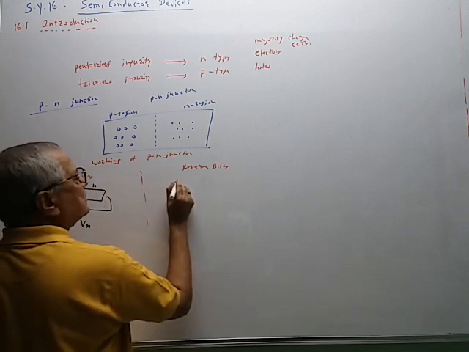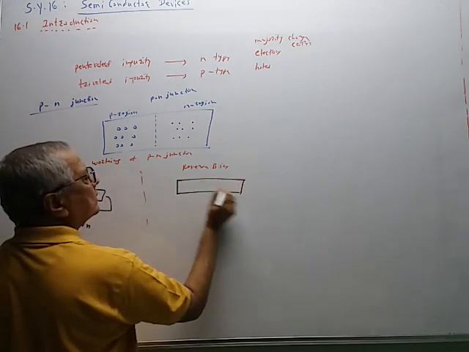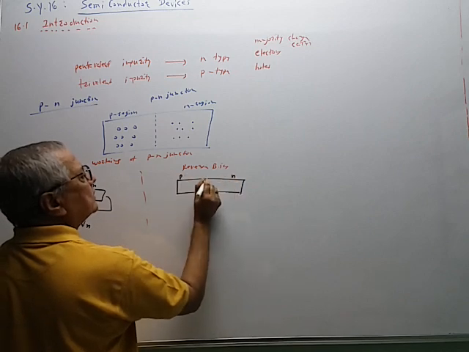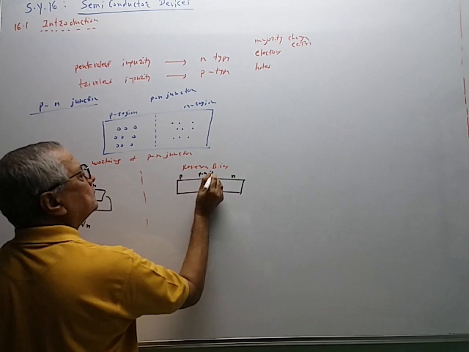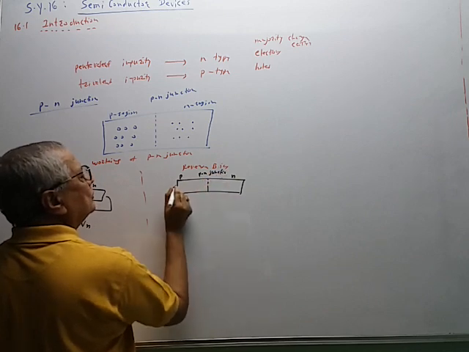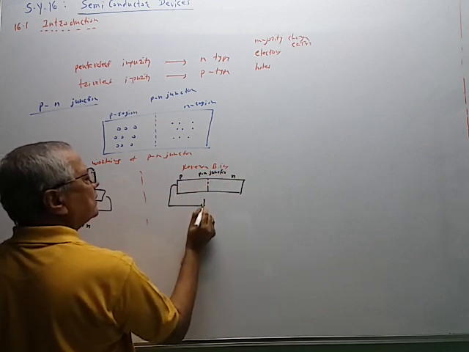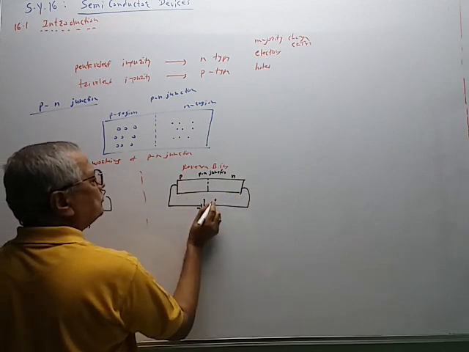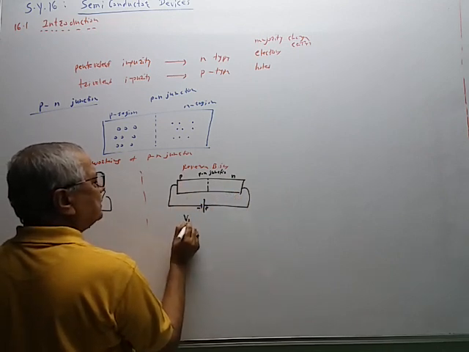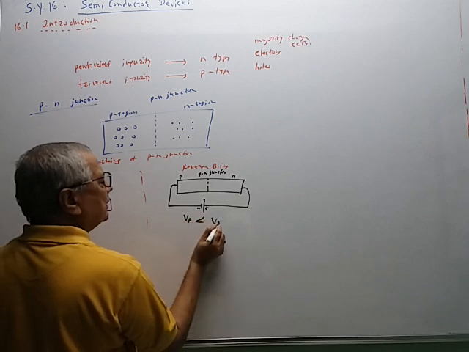Now in reverse bias, the polarity of the battery is reversed. This is the P region, this is the N region, this is the PN junction. So here the battery polarity is reversed like this. Positive connected to N, negative connected to P. So in this case, the P region is at lower potential than N region.